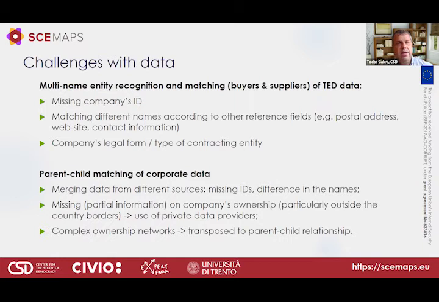The method that we use is to look at other reference fields, as we call them, or other reference information about these companies or public organizations, in order to match the different names of the same organization. For example, you can look at the postal address, websites, contact information that exists for these entities, and so on, to decide whether two names belong to the same organization or not.